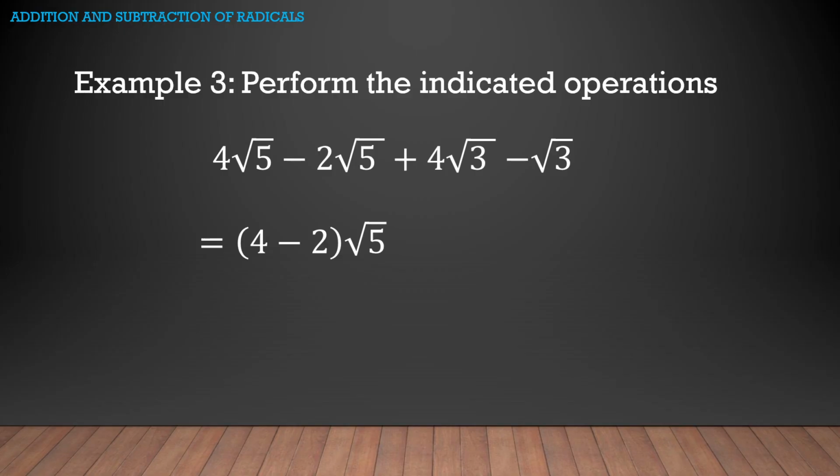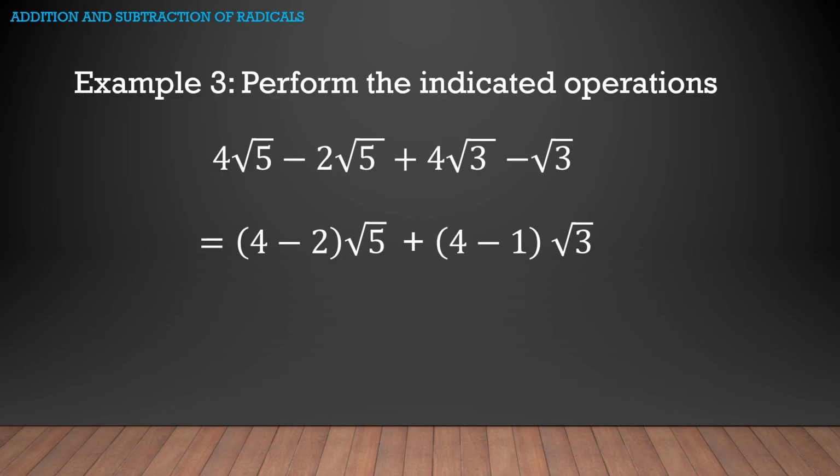So the coefficients of square root of 5 are 4 minus 2. Then affix the common radical, and that is square root of 5. The other one, the coefficients are 4 minus 1. Affix the common radical, and that is square root of 3.